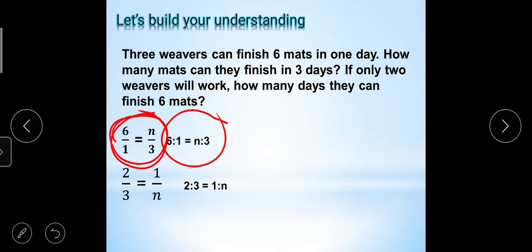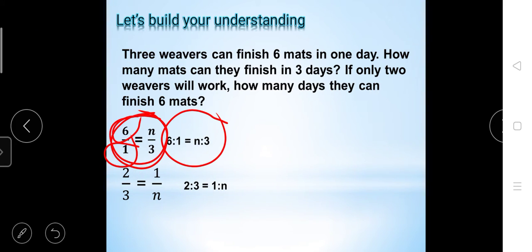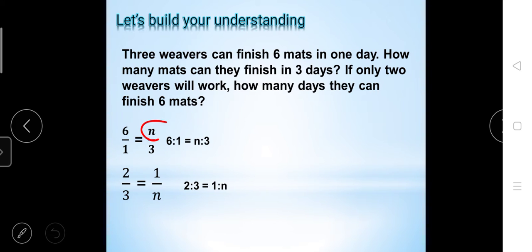So, 6 mats is equivalent to 1 day. Okay? So, dito, meron tayong n. The reason why this n is here kasi the first question here ay tinatanong kung ilang mats yung mafi-finish ng 3 weavers in 3 days.